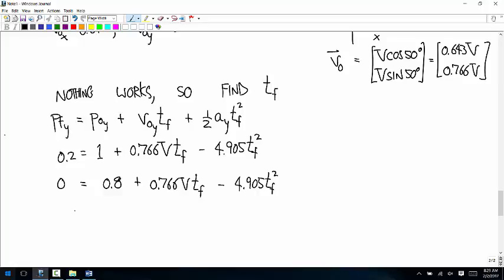Quadratic formula, yep. So TF is equal to negative 0.766 V plus or minus, what's 0.766 squared?